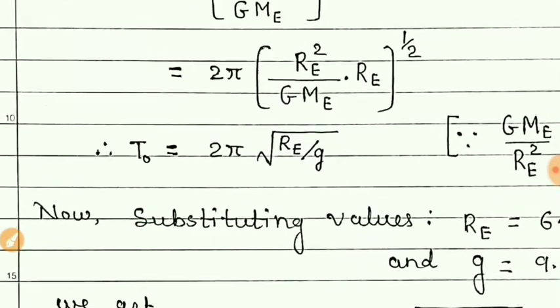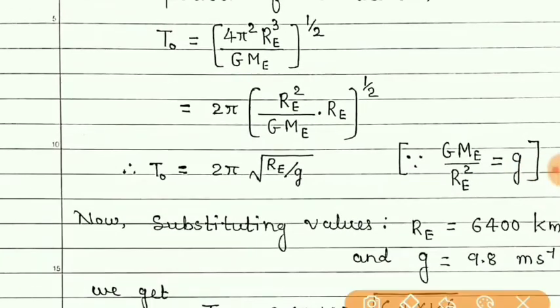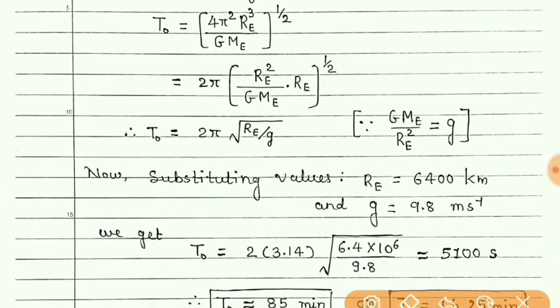So students, this same formula we have written here in terms of small g. Now the radius of the earth is 6400 kilometer and the value of small g is 9.8 meter per second squared.